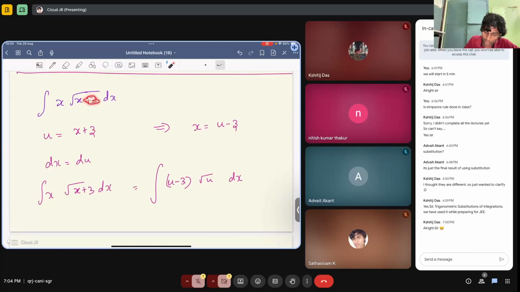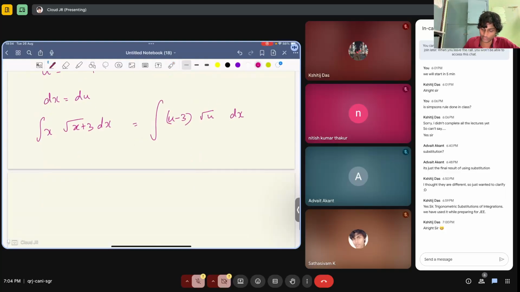If this term is not there, it is not very hard: it is x to the power 1 plus 1 by 2, which is 3 by 2, and you just apply the formula for x to the power n. What makes it harder is this term, and you don't want it here, and that's why we make the substitution.